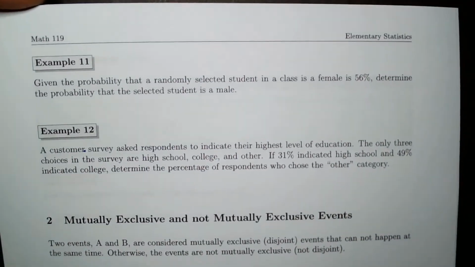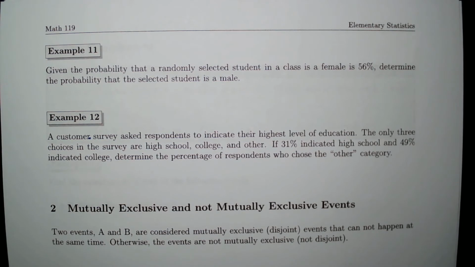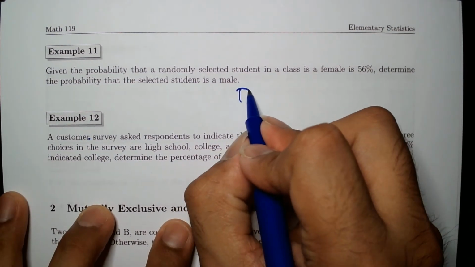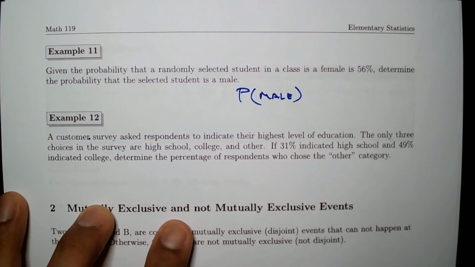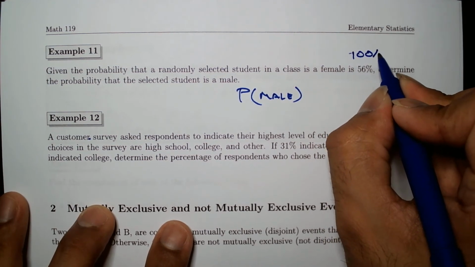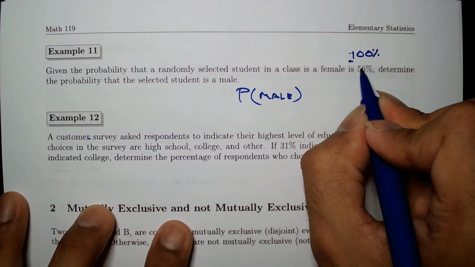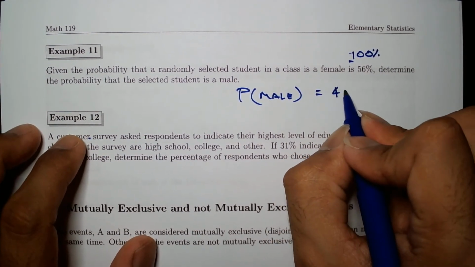Given the probability that a randomly selected student in a class is a female is 56%. Determine the probability that the selected student is male. Well, I mean, the probability that it's male will be the remaining from the female, which is 100 minus 56. That's going to give us a total of 44%.